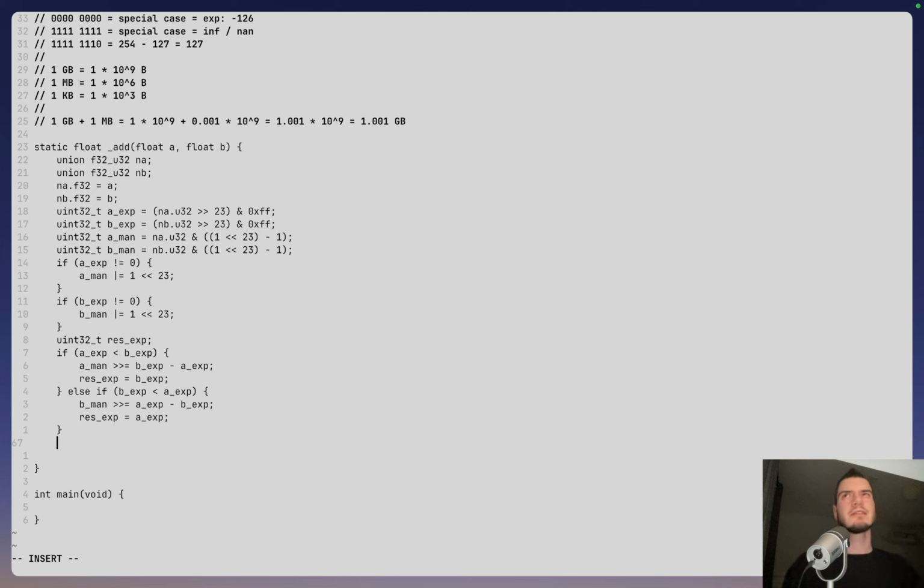For now, I'm not going to look at negative values. So let's just do this. We create a value for our mantissa, and it's going to be the mantissa of a plus the mantissa of b.